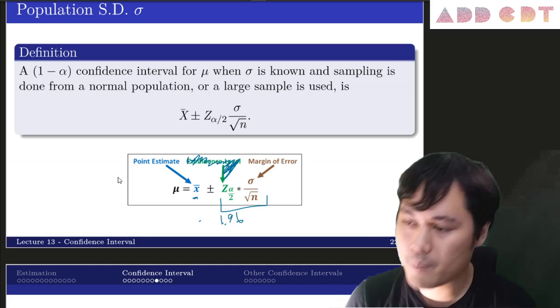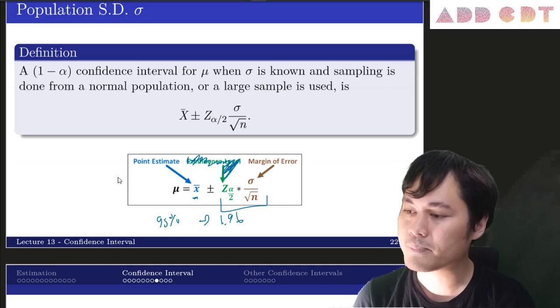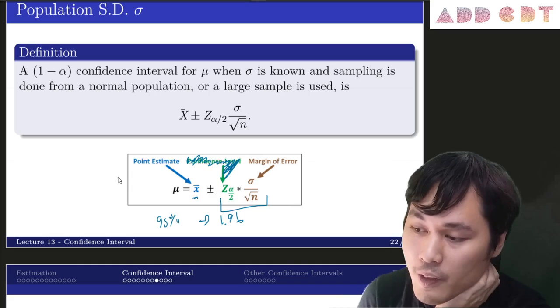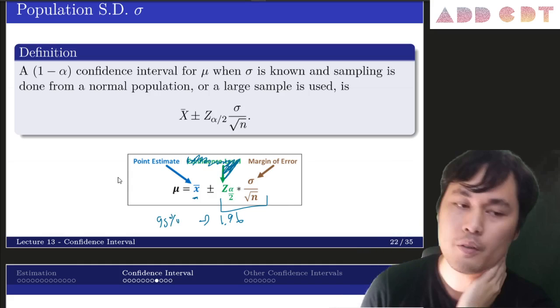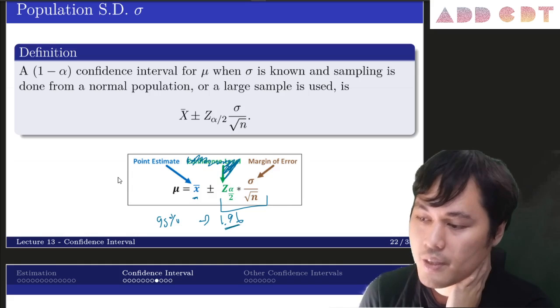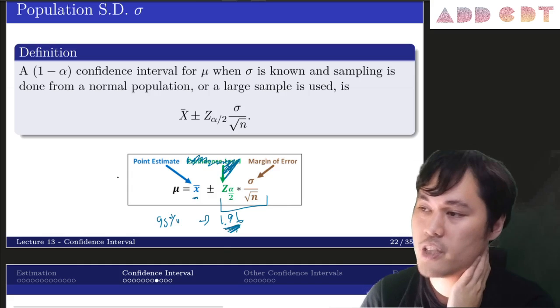That number corresponds to the case when you want to be 95% sure. If you want to be only 50% sure, or if you want to increase that to 99% sure, then the multiplier here is going to change also.